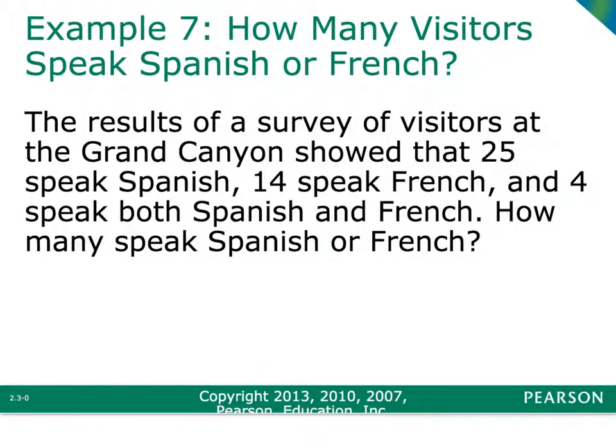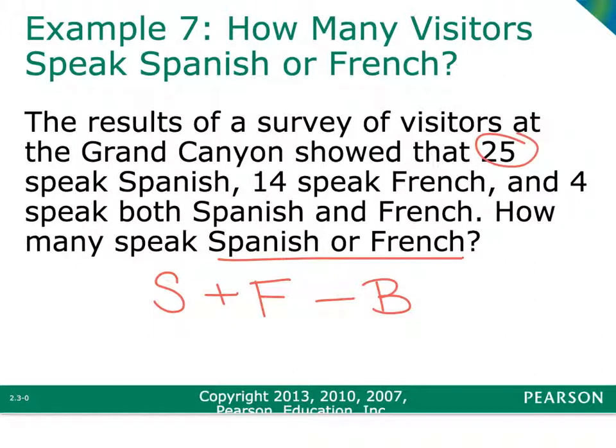So let's check this example out. The results of a survey of visitors at the Grand Canyon showed that 25 speak Spanish, 14 speak French, and 4 speak both Spanish and French. How many people speak Spanish or French? You need to take the number of Spanish speakers plus the number of French speakers and deduct the both category, the people that speak both languages.